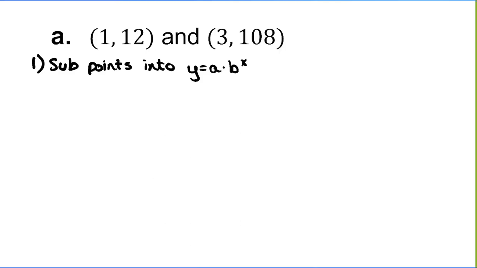We're going to do that at the same time with these 2 points. From our first point, we'll have 12 equals a times b to the first. For our second point, we'll have 108 equals a times b to the third.